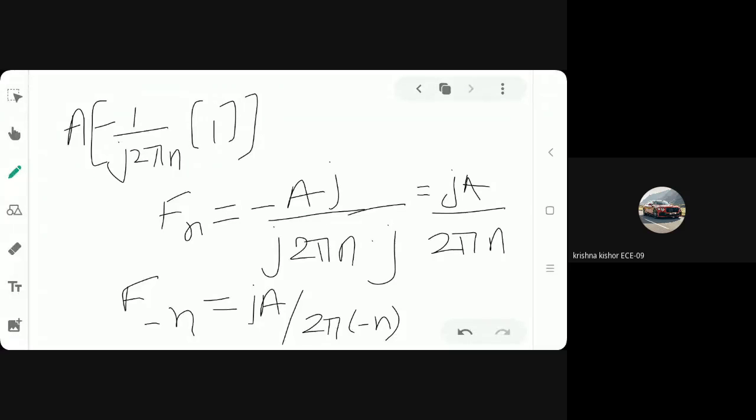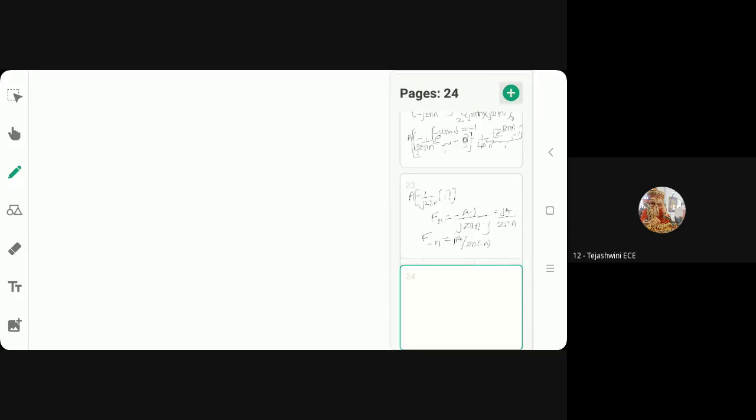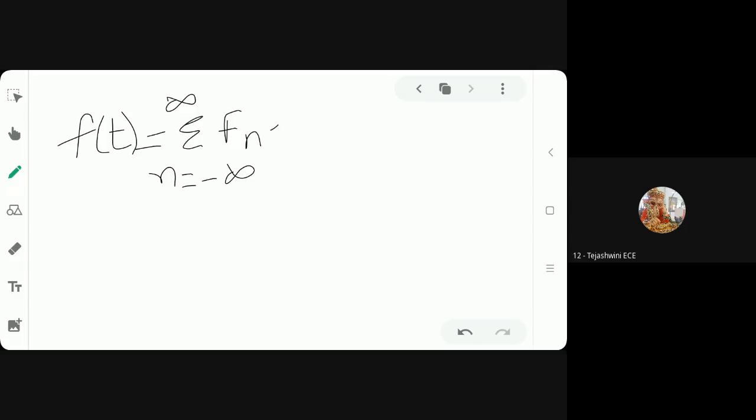Okay. So now finally let us represent f of t. F of t is equal to summation e power j n omega naught t.